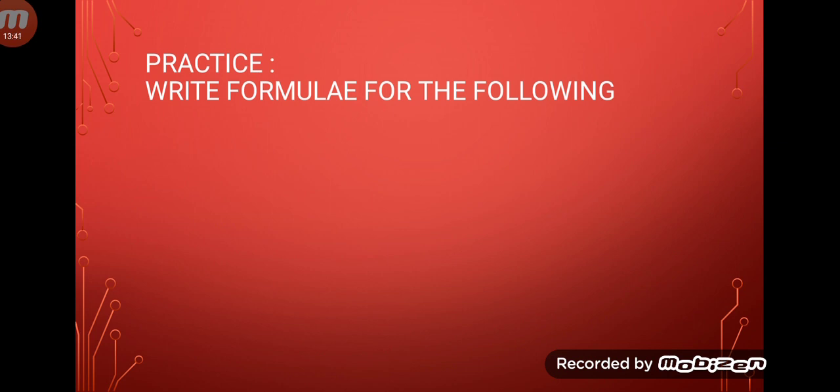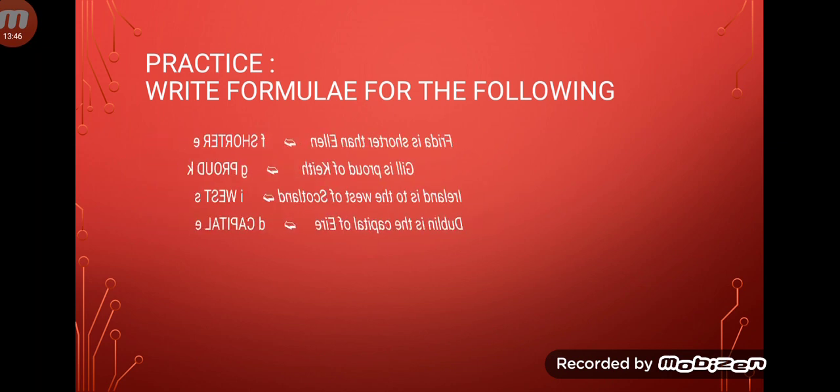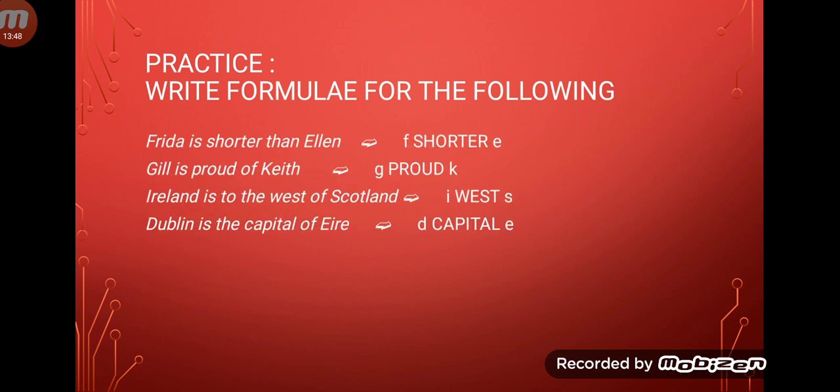Okay, I have another practice. Write formulae for the following. I have some examples. Frida is shorter than Ellen. We can write in the logical notation Frida f, shorter using a capital letter as the predicator, and then omitted, Ellen, just write e.